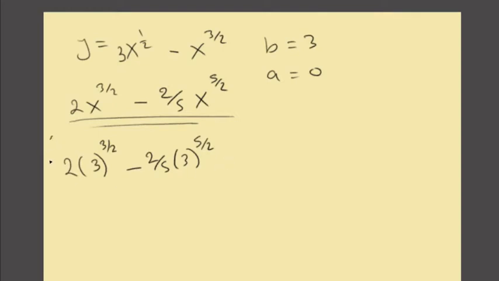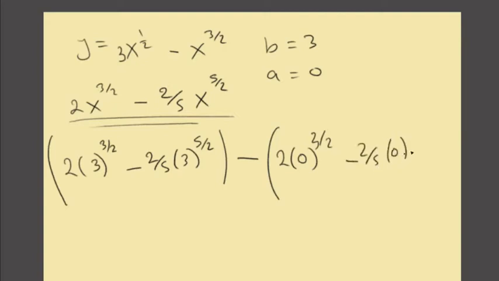And then we put them into these big brackets, and we do minus, open up our very big bracket, and then we do 2, open brackets, 0 to the power of 3 over 2, minus 2 over 5, open brackets, 0 to the power of 5 over 2, close brackets.